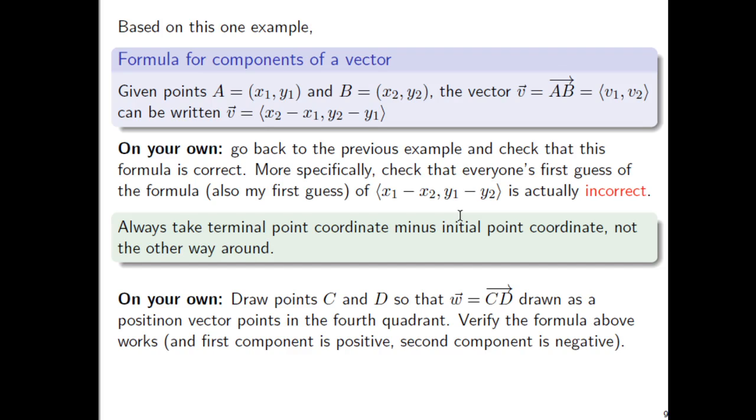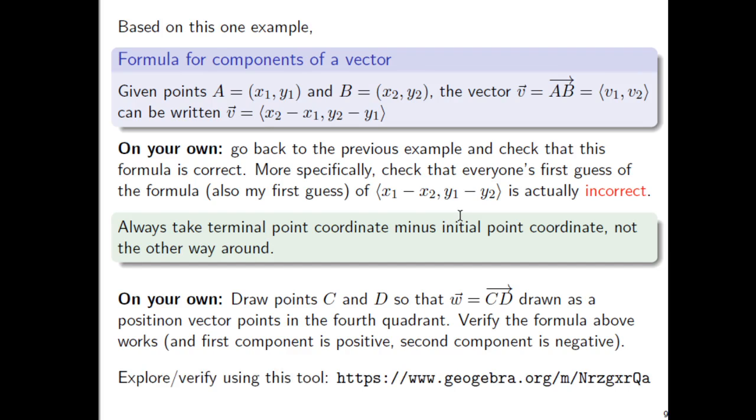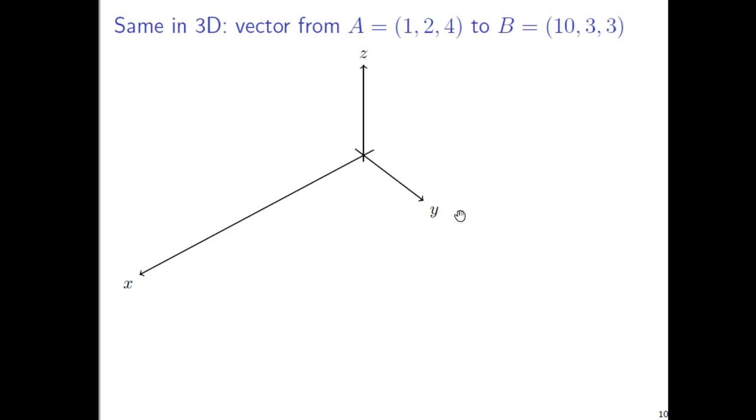Then verify that the formula works. In other words, if that's the direction the vector is pointing, the first component should be positive and the second component negative. And once you've tried these on your own activities, especially the second one, I did create an app, and you can verify that everything works completely as you expect using this app.